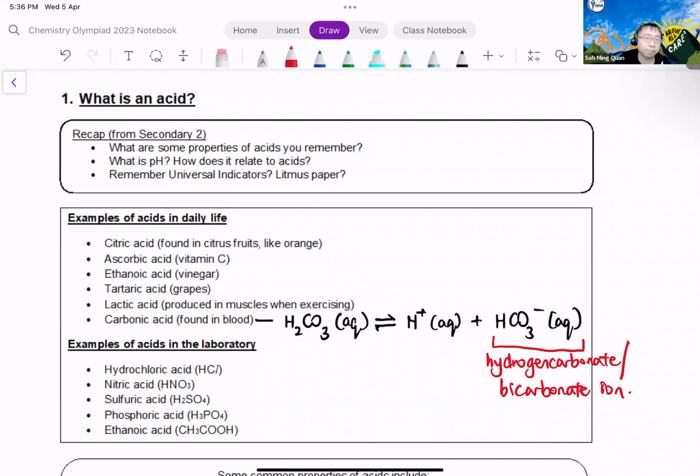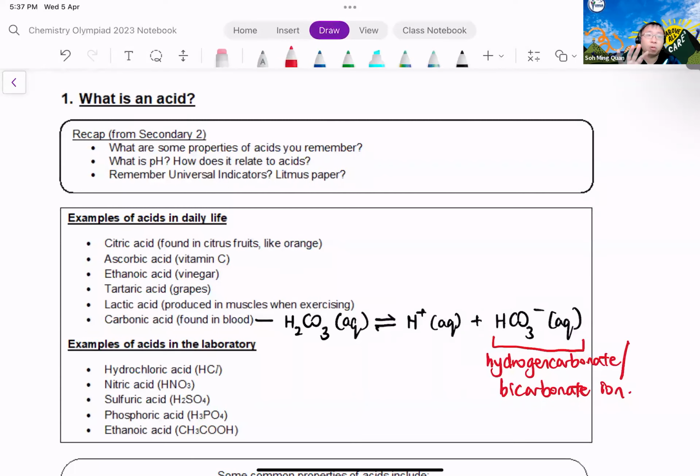In particular for blood. Blood happens to be the place where many chemical reactions take place, right? And in blood, there are many enzymes which help to speed up these chemical reactions taking place in your body.